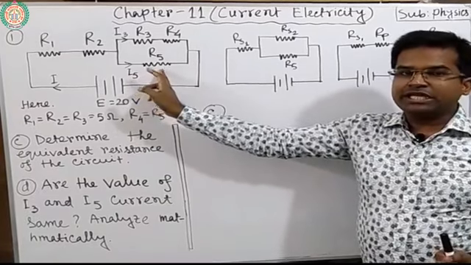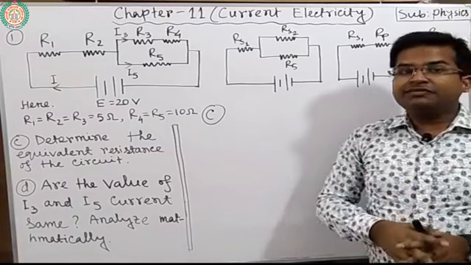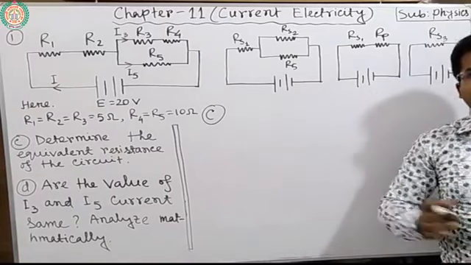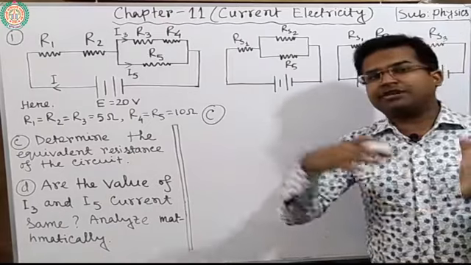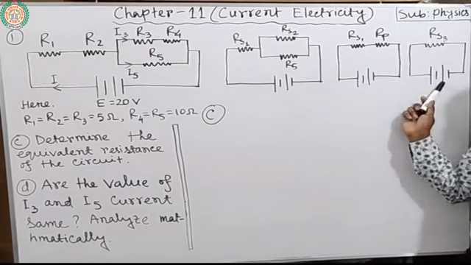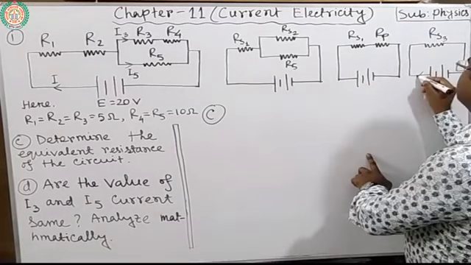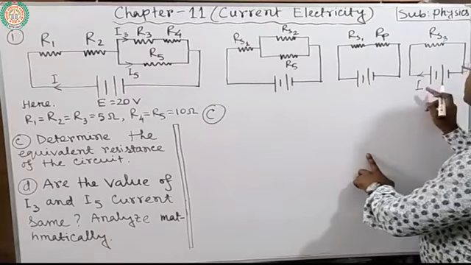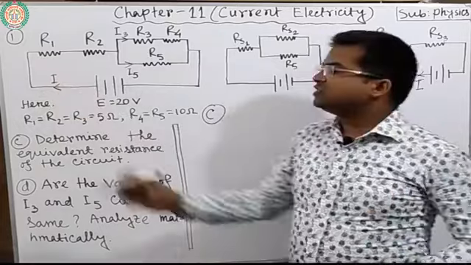Dear students, in our previous lesson we have already seen that if we determine the current of any complex or mixed circuit, we have to convert that complex circuit to a simple circuit, and this is our simple circuit. If you determine the current of this simple circuit, that current will be this current.